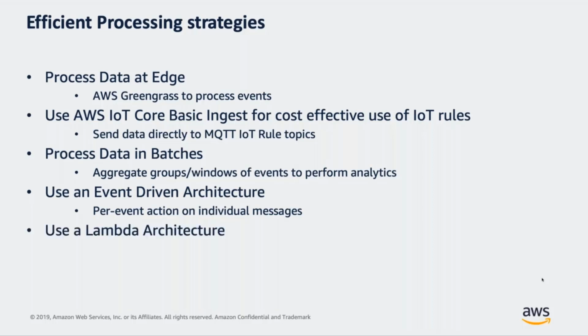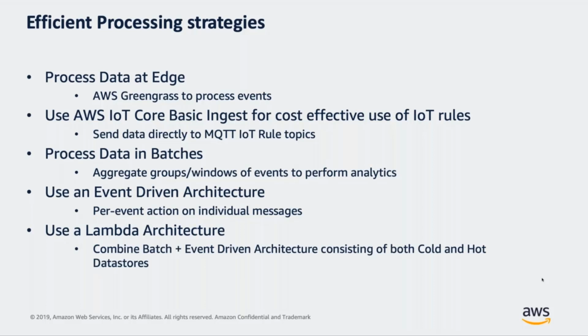The next strategy you can employ is what is called Lambda architecture. What I mean by Lambda architecture is combining the batch processing and the event-driven architectures so that you come up with a cold path and a hot path.